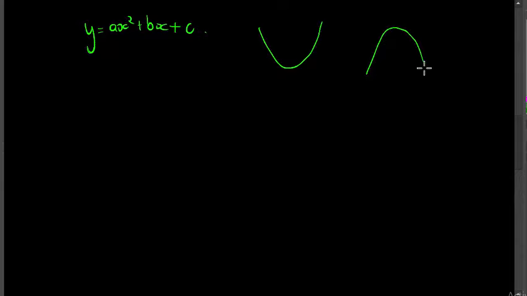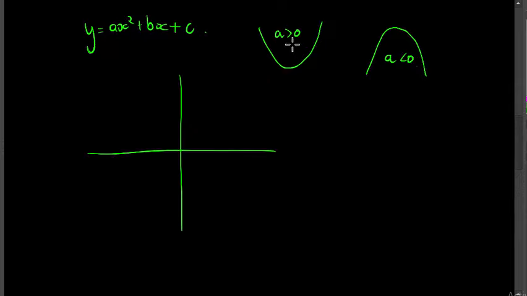So for example, if I have y is equal to ax squared plus bx plus c, then first of all, I know it's a parabola. So it's either a parabola like this or a parabola like that. This is the value if a is bigger than 0. This is the value if a is smaller than 0.